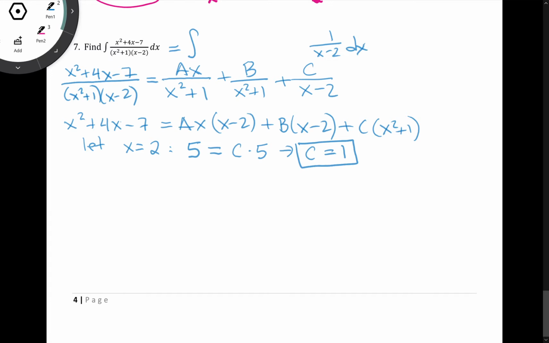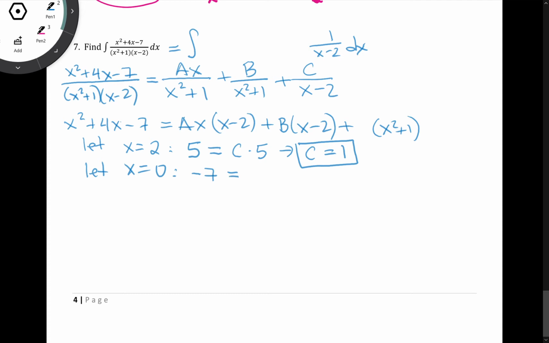Okay, to figure out the a and the b, actually I can get a little further. I know c, so here I'm going to go ahead and go back here and say this is a 1. So I'll just leave that. So if I let x equal 0, that will wipe out the a for me. So on the left-hand side, I'm just left with the negative 7.